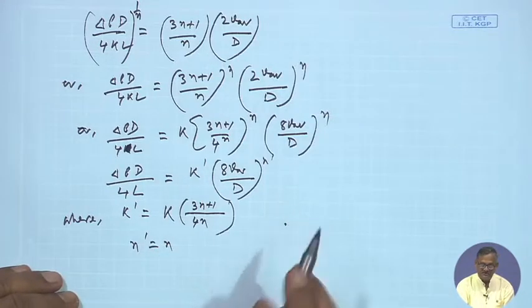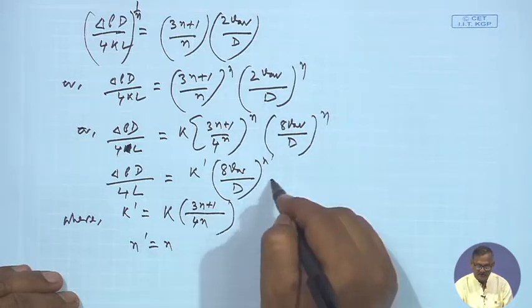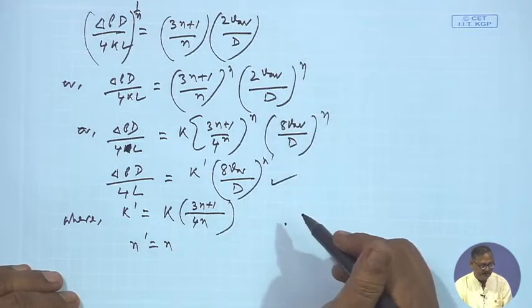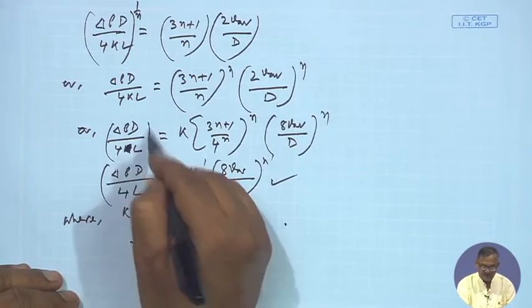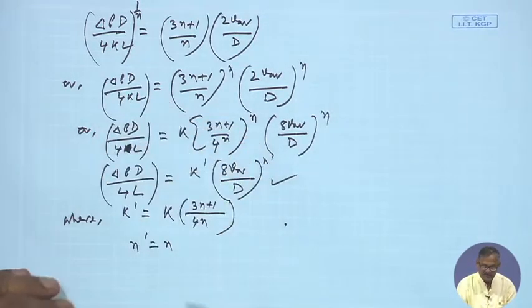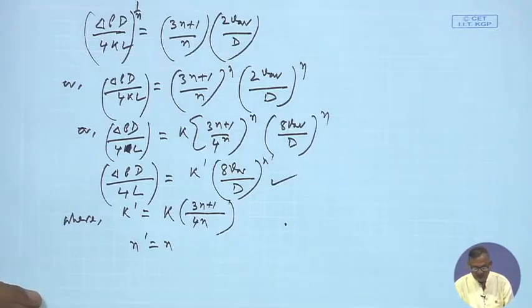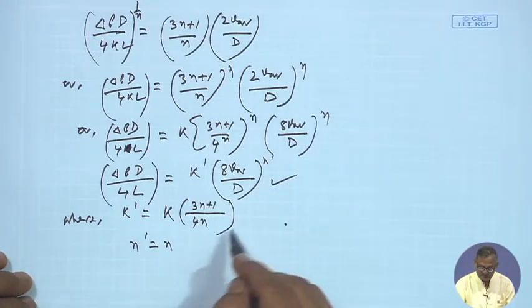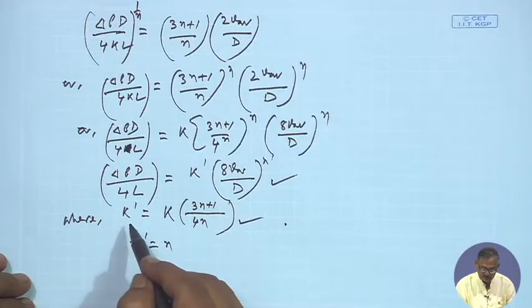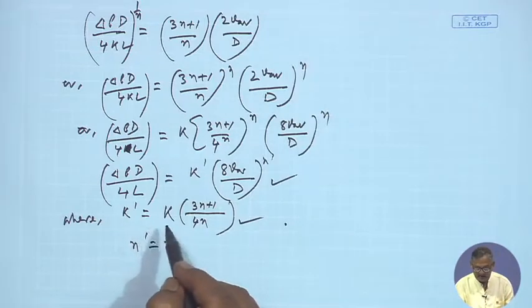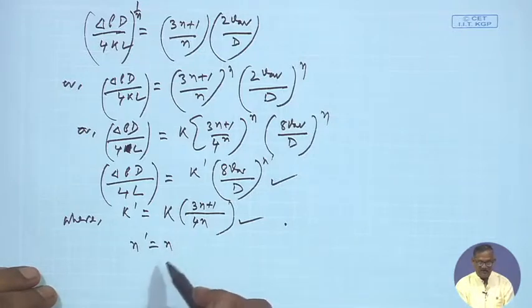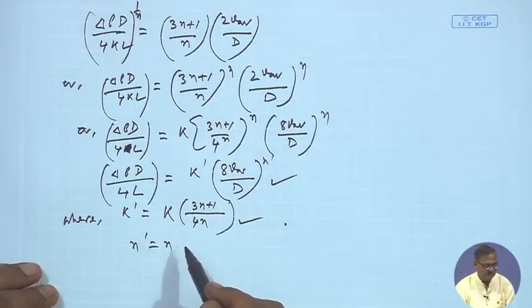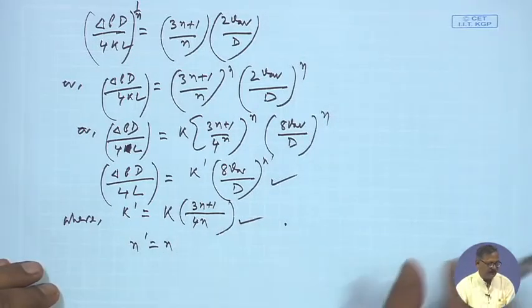The new constant k prime is k into 3 n plus 1 by 4 n, and n prime equals n.